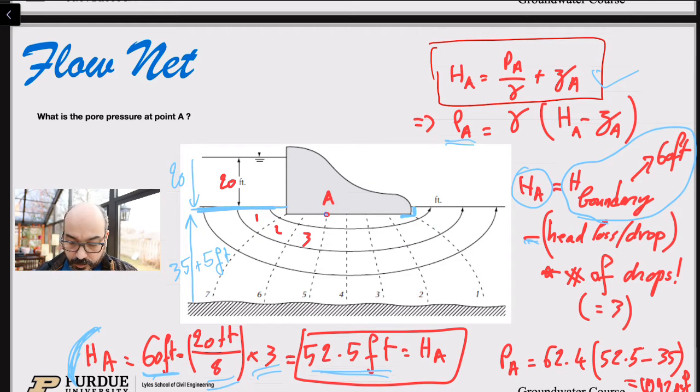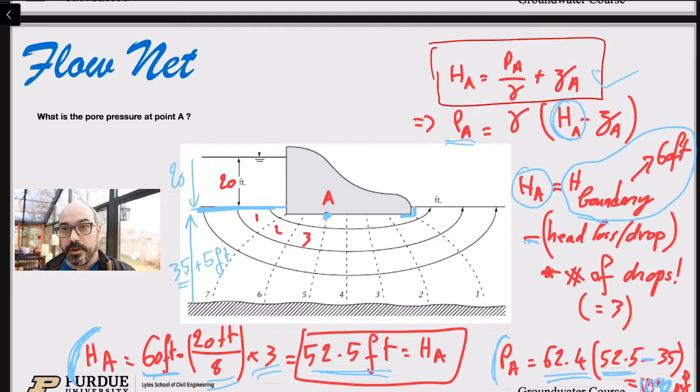Now finally, we can calculate the pressure at A, and this is just given by gamma, so 62.4 pounds per cubic foot, times 52.5, which we just calculated, this is H_A right here, minus the elevation at A, and again, remember this is 35 feet from the datum, so minus 35. And if you put it all together, that gives you 1092 pounds per square foot. So this is the pressure at point A.